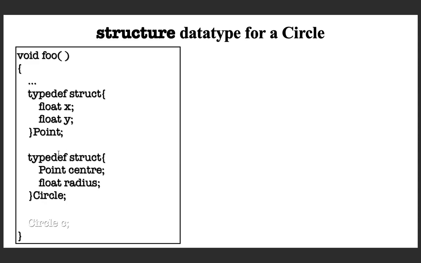Using typedef, I am defining a new data type circle, within which I have two members or fields. First one is center, which is a variable of type point. So center has both x coordinate and y coordinate. Another one is the radius. Okay, now using the new data type circle, I am declaring a variable c.